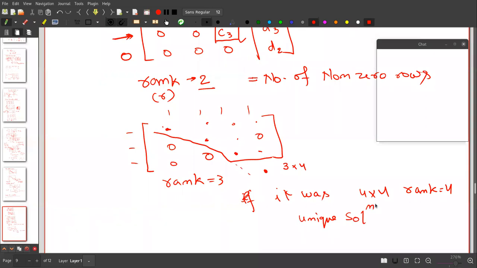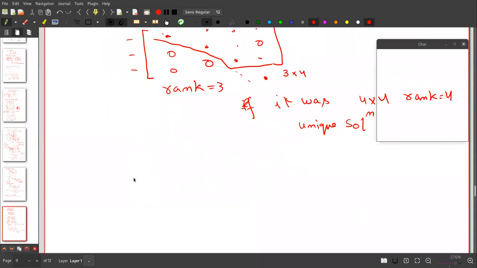But say if the rank R is less than the number of unknowns, what will we have? Can someone say? The rank is less, but the number of unknowns is more, so we will have infinitely many solutions.